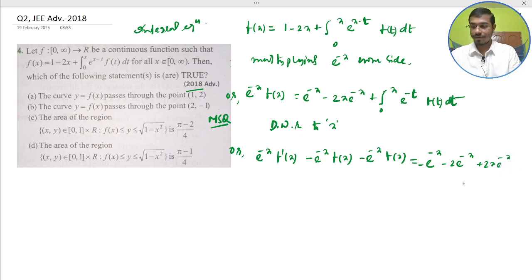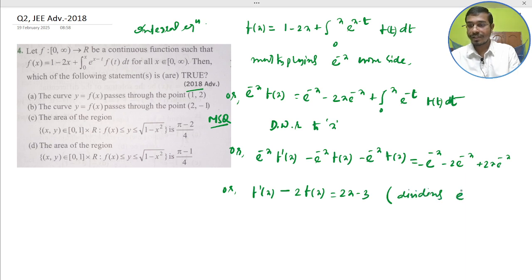Thus, rearranging, f'(x) minus 2f(x) equals 2x minus 3, after dividing both sides by e to the power minus x. This is equation 1.